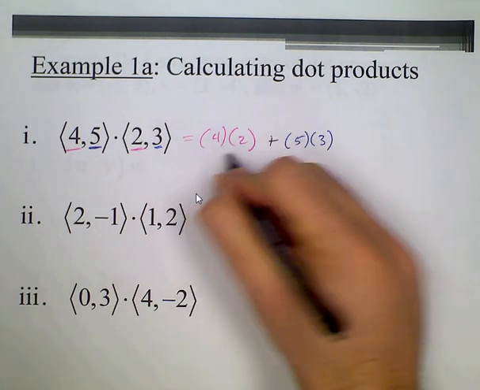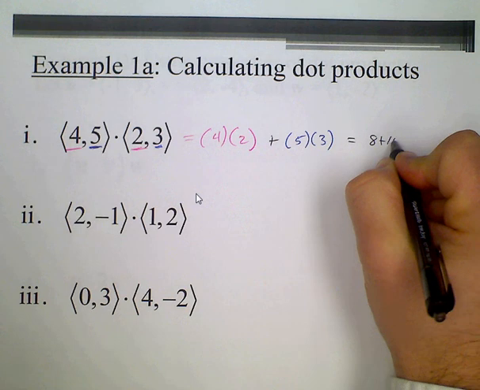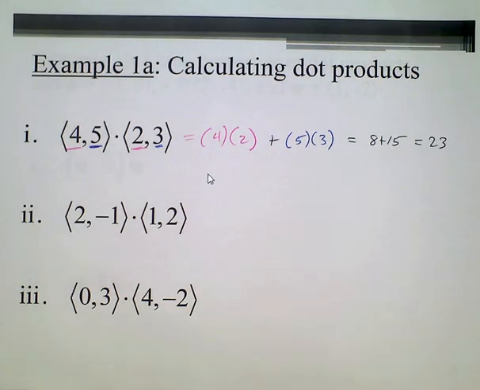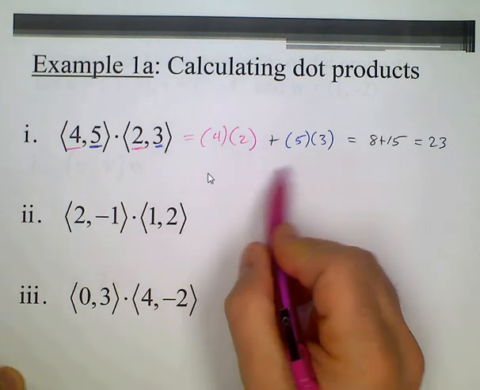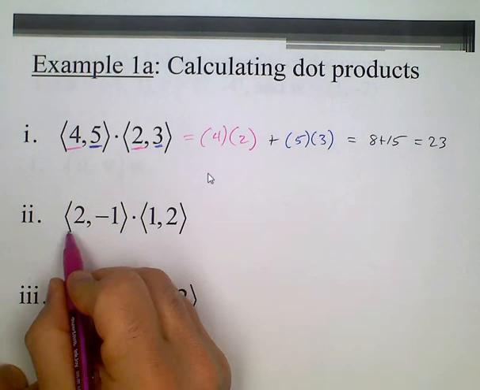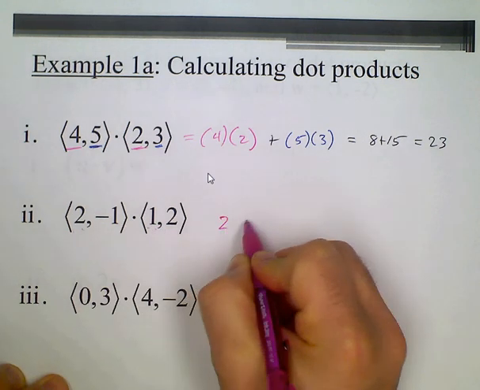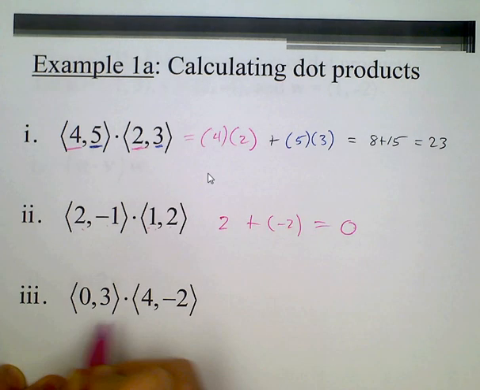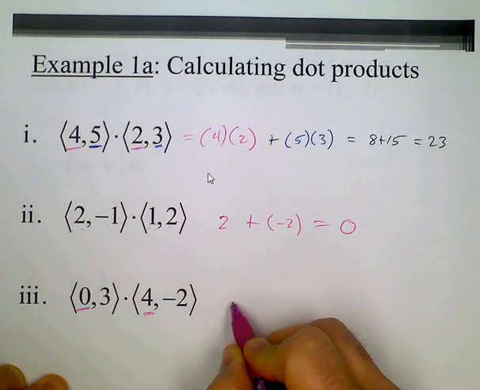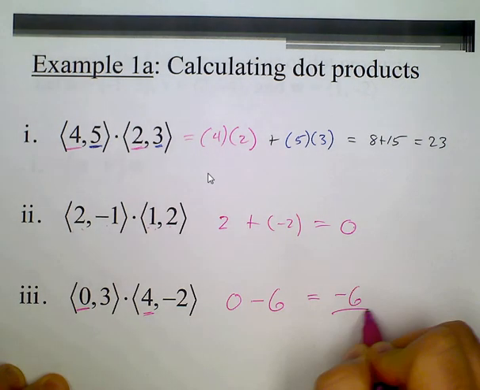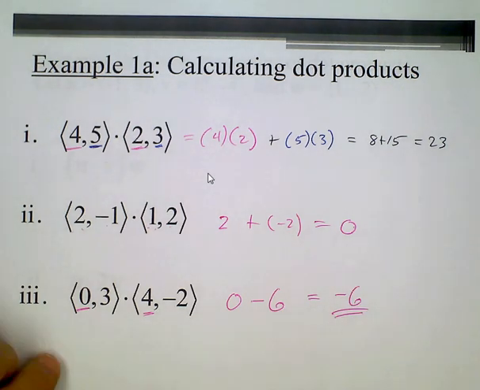So you get 8 plus 15 equals 23. Pretty straightforward. I don't think I need to break them down like this every single time, so I'll just zip through these real quick for you. You get 2 times 1 plus negative 1 times 2 for a 0 dot product, and now you get 0 times 4 minus 6 equals negative 6. So that's how you calculate dot products.